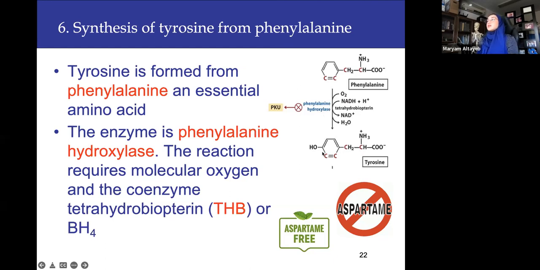The key clinical correlation here is something called phenylketonuria. When there's a deficiency in this enzyme, you cannot convert phenylalanine to tyrosine. So levels of phenylalanine are going to build up, and that can have toxic effects in the body. The key thing here is that these patients cannot have aspartame. Aspartame is found specifically in sodas, and they use it in a lot of artificial sweeteners.